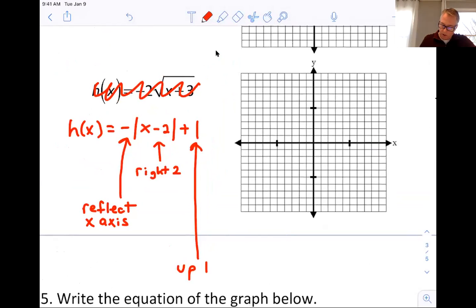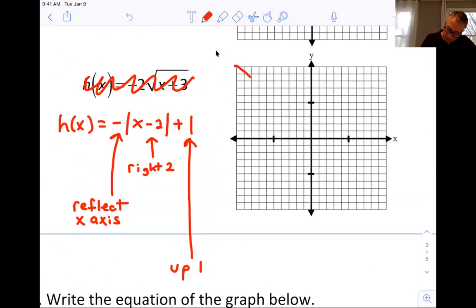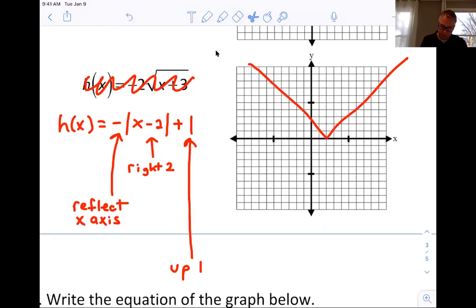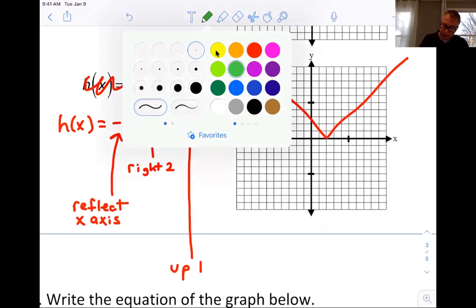So let me start with our parent function, the absolute value. So there it is. I'm going to move it to the right 2. So I go 1, 2 to the right. Then I'm going to reflect over the x-axis.